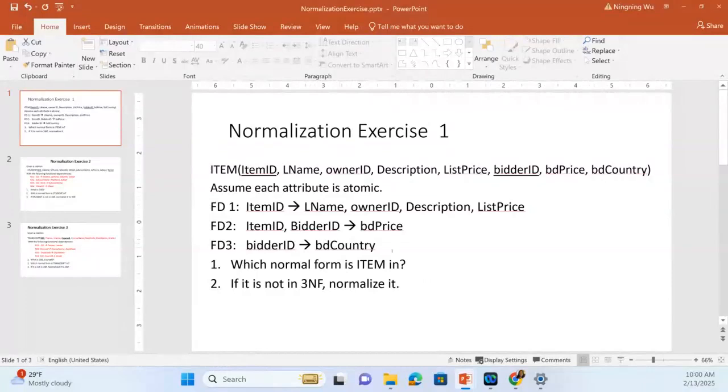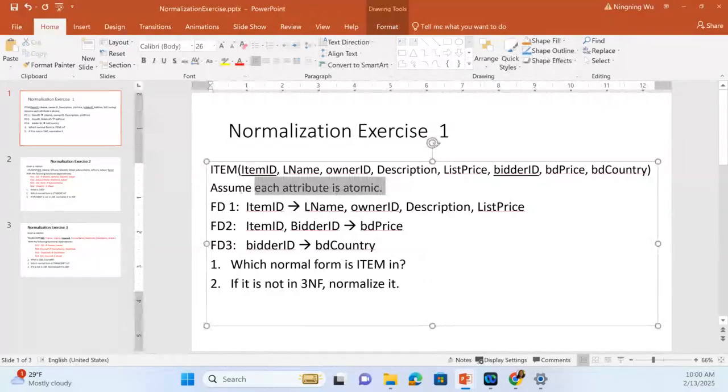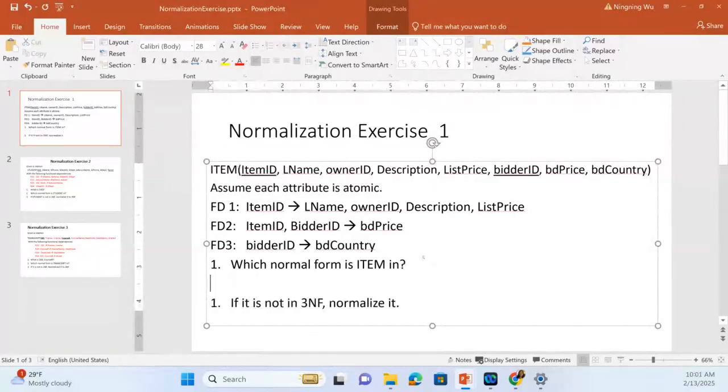So which normal form is item in? Since we assume each attribute is atomic, we can safely say that this is at least in the first normal form. Once it is in the first normal form, we can see if it is also in second normal form.